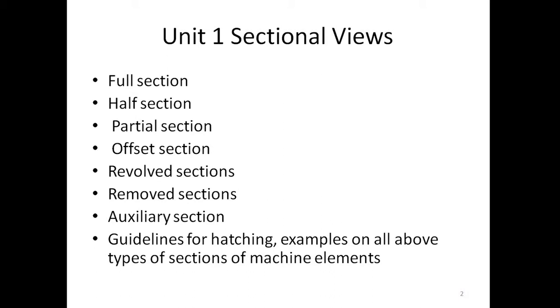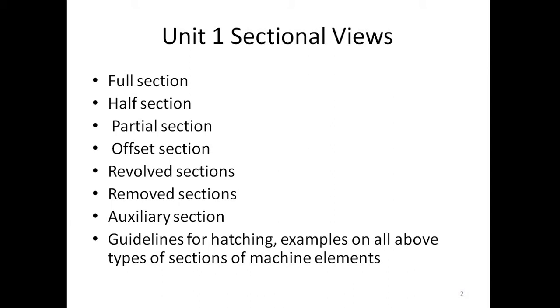In case of offset section, we are taking small sections in which the cutting plane is not in a straight line, it is offset, for the coverage of all the geometry of the component.